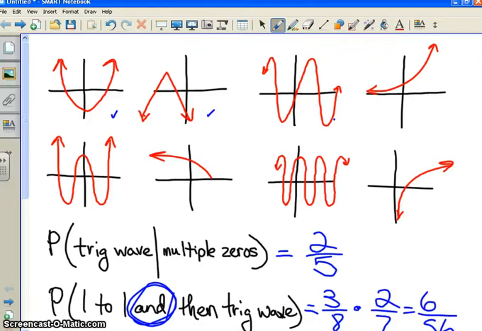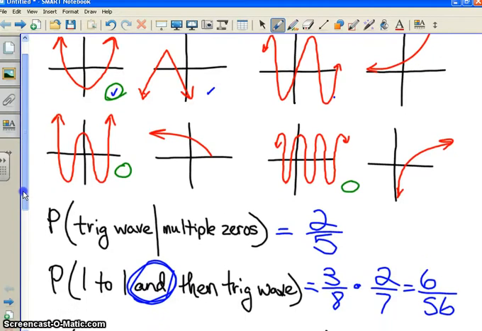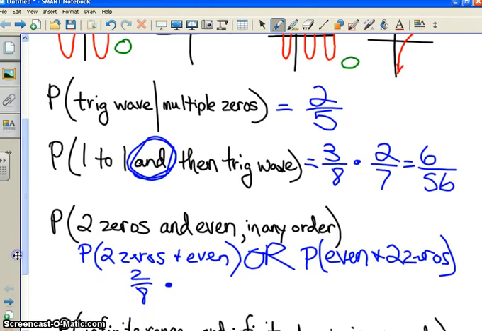So the quadratic would fit that description, and the quartic would fit that description, and the cos wave would fit that description. So that means we have 3 out of 8 that are even, which gives me a probability of 6/64 of going 2 zeros and then even.